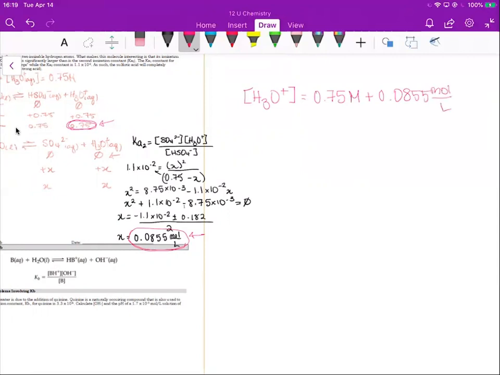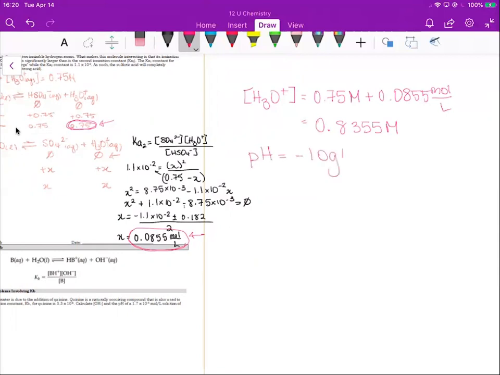From the 0.7 molar of the hydrogen sulfate, I only produce 0.0855 molar more of hydronium from that dissociation, because the first one is considered a strong acid and the second one is considered a weak acid. When I add these two together, I get a combined concentration of hydronium of 0.8355 molar.